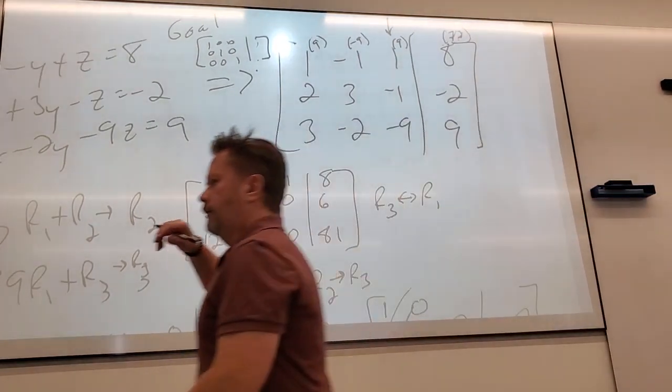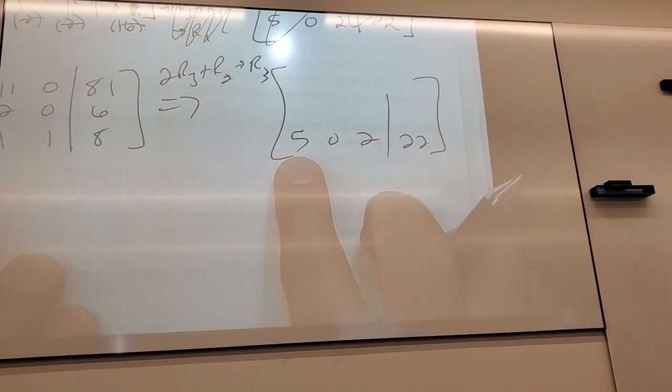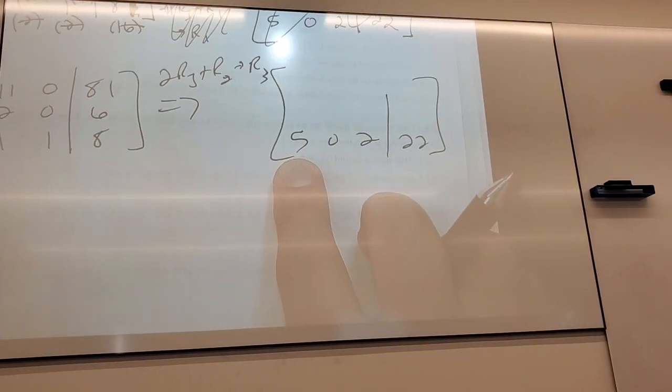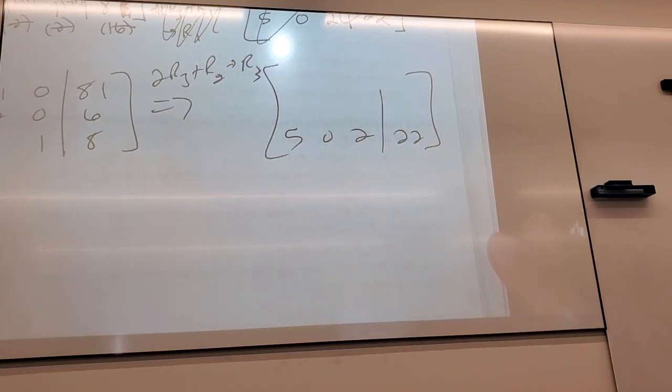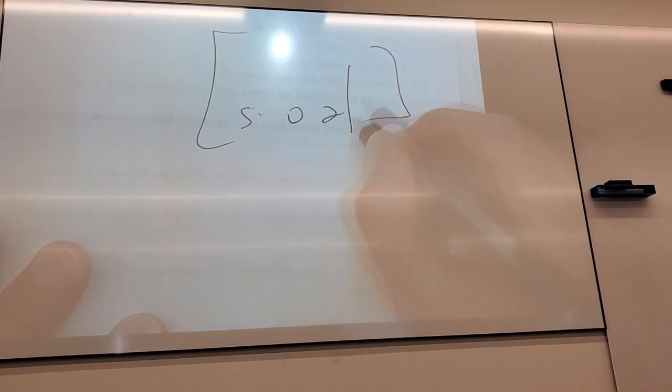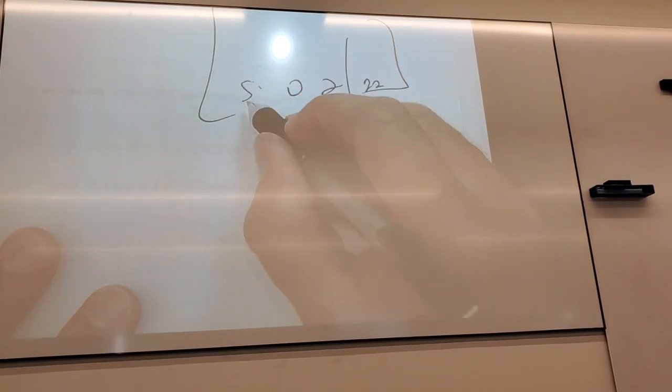Do you agree that eventually I'm going to kill this 5? Yeah, that 5's going to die eventually. And then I'm going to have whatever number here. Well, it's gotta be a 1, then. Right now I got 5, 0, 2, 22, correct? Eventually I'm going to kill this.